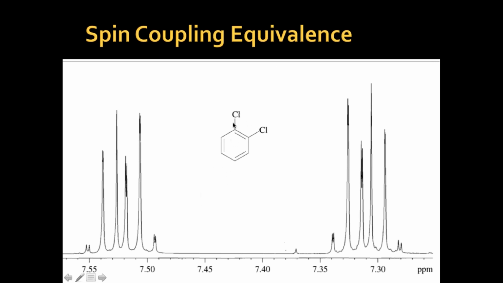You can see the plane of symmetry. If I cut the molecule in half, the halves are equal. What that means is that you see the same set of peaks.